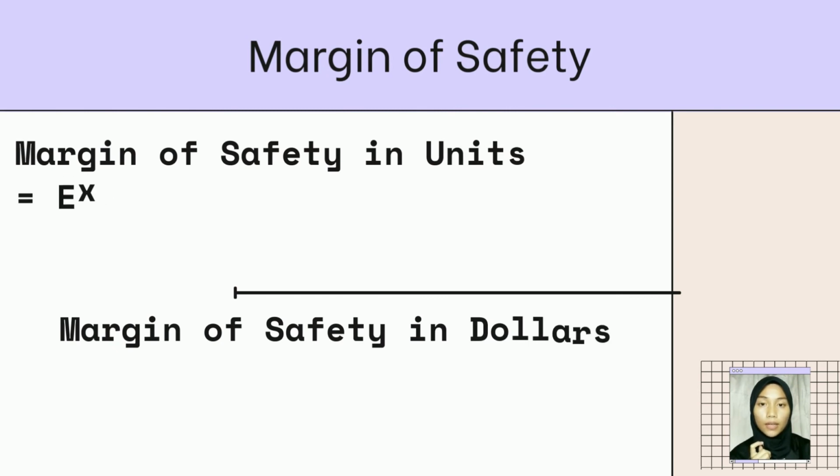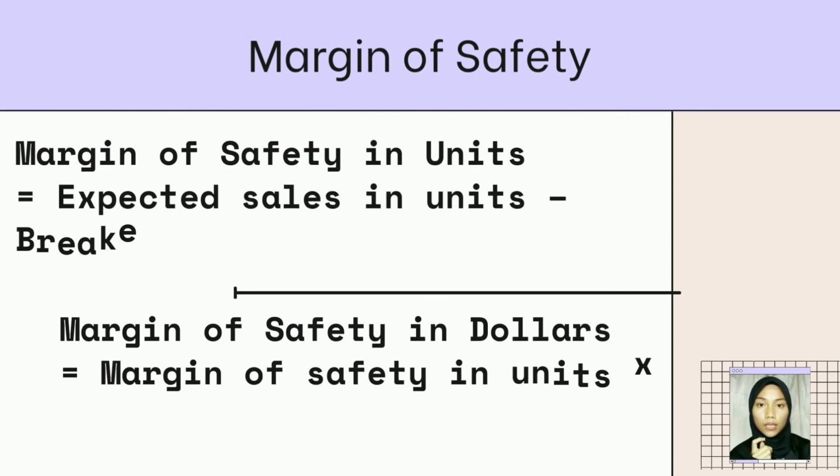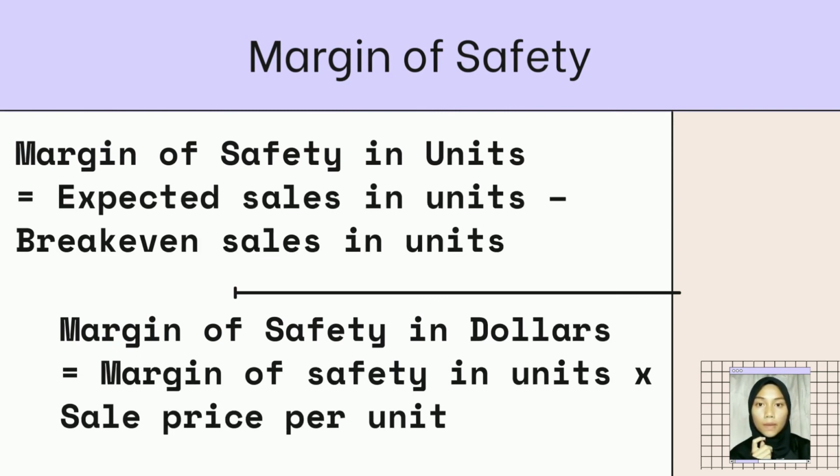In accounting, the margin of safety is equal to current sales level minus break-even point, then dividing by the current sales level and multiplying by 100 because the result is expressed as a percentage. The margin of safety formula can also be expressed in number of units, which is calculated by subtracting the break-even sales in units from the expected sales in units.